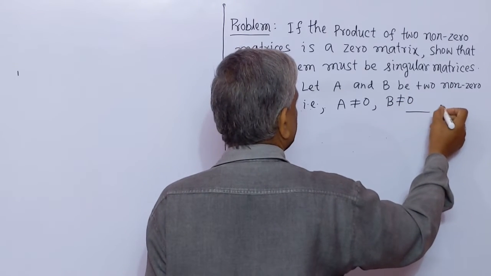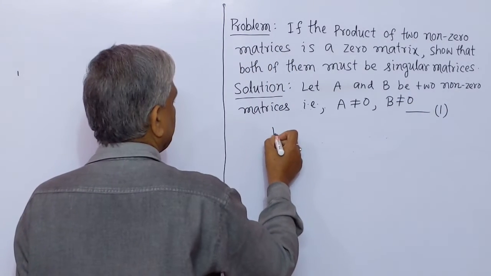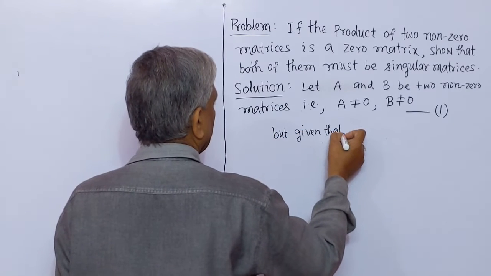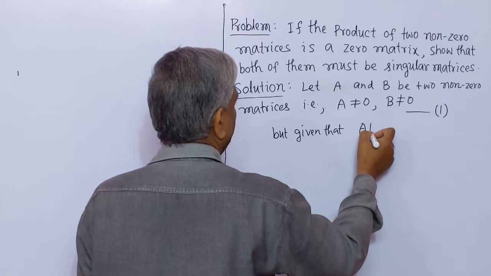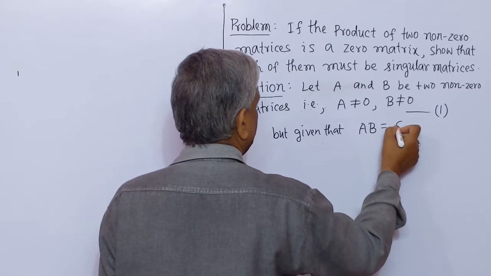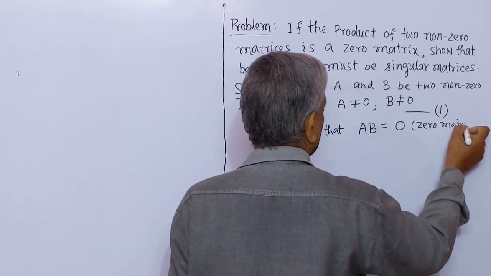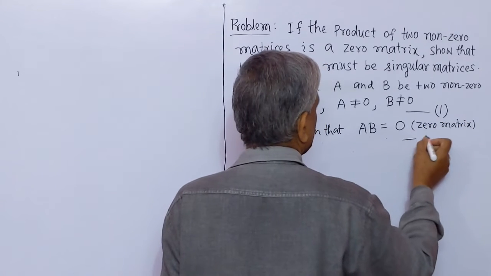This is number 1. But given that AB is a zero matrix, this is number 2.